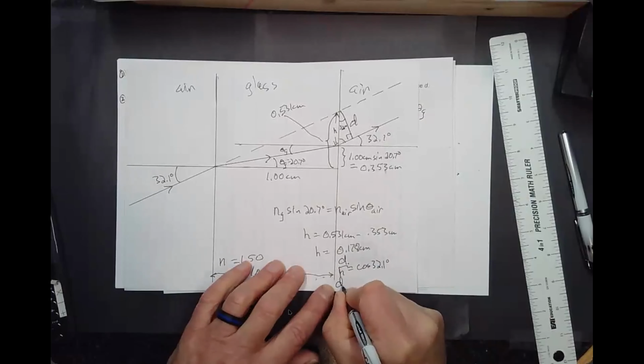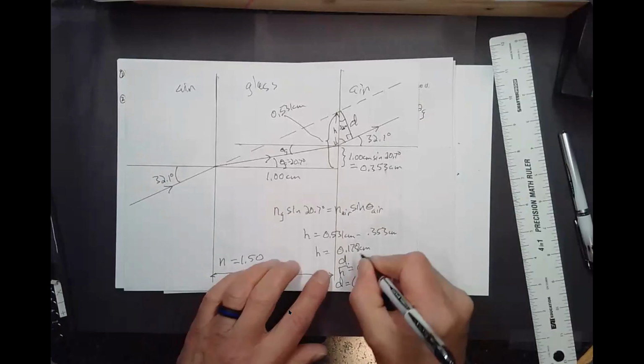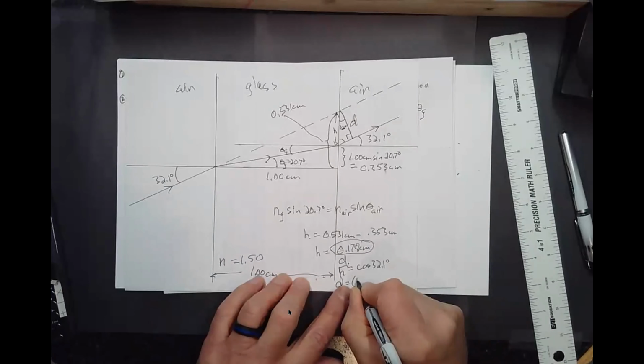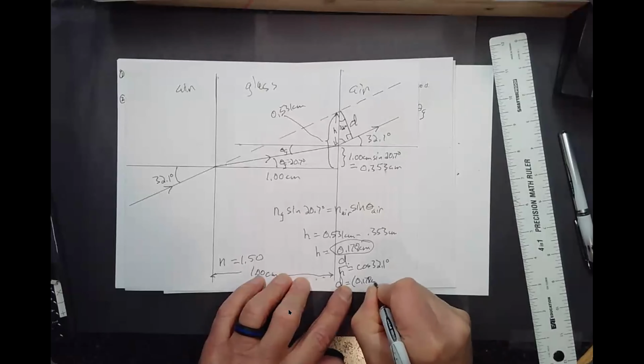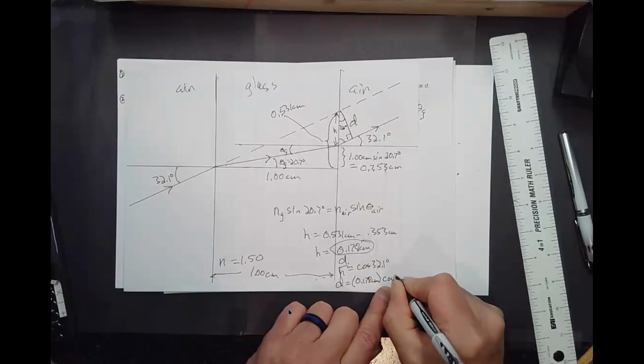And so that displacement will end up being H, which is, where was it? 0.178 centimeters times the cosine of 32.1 degrees.